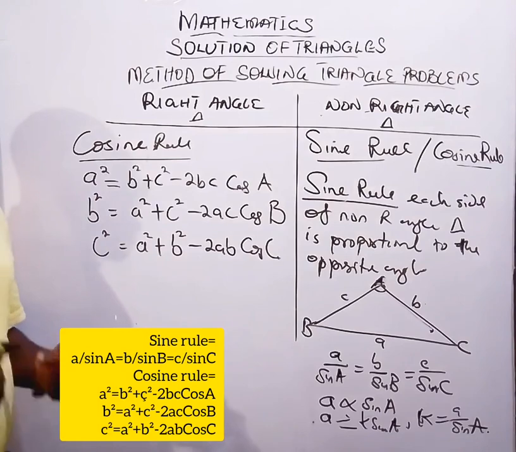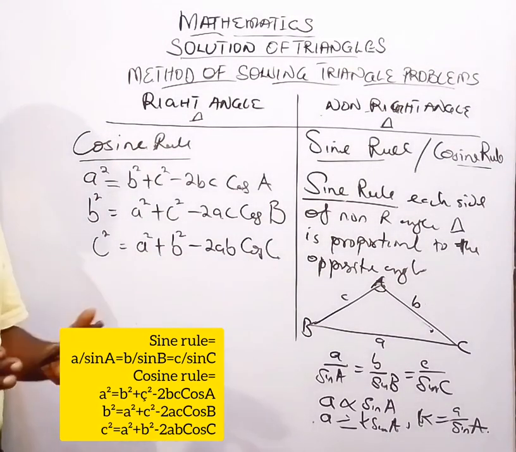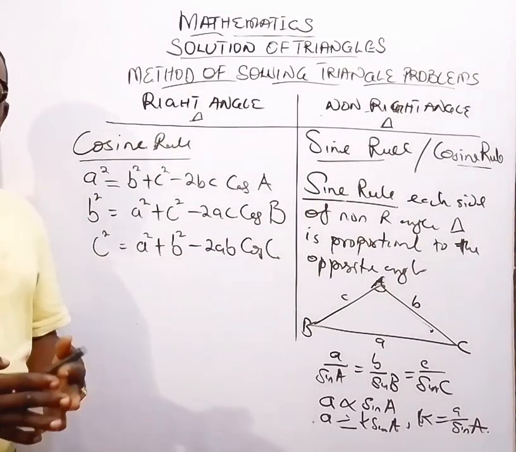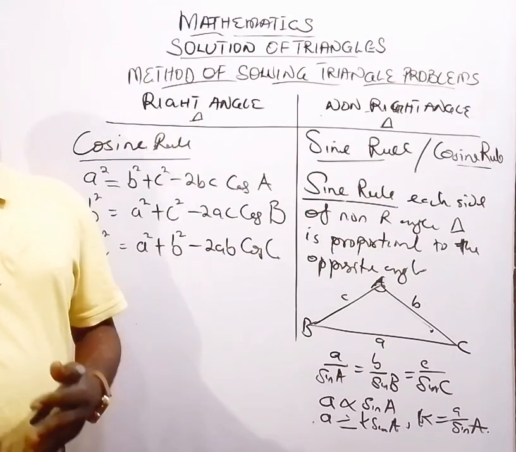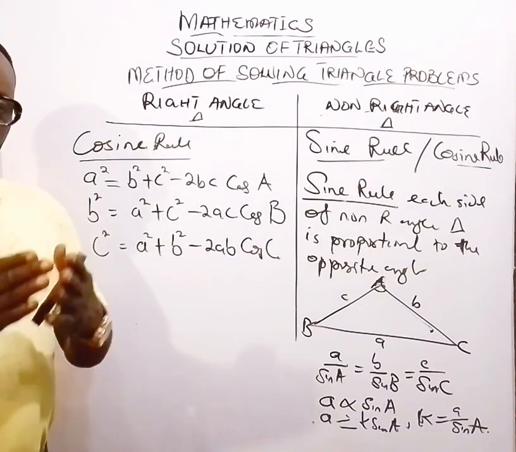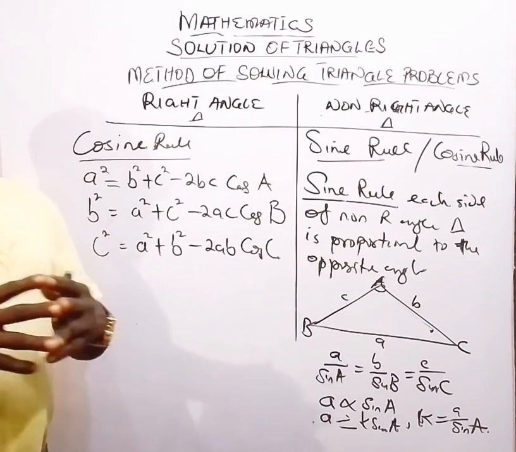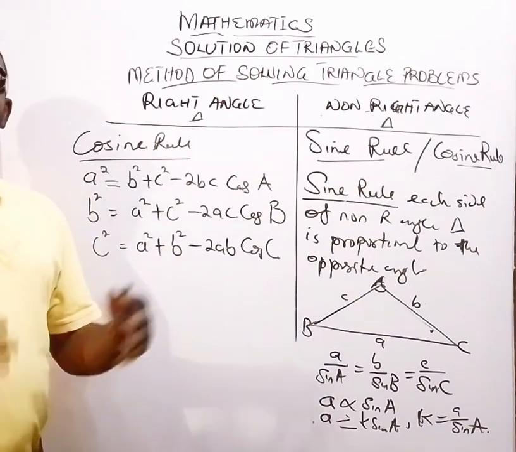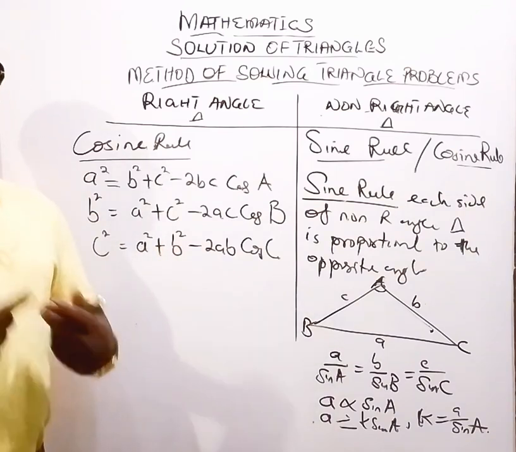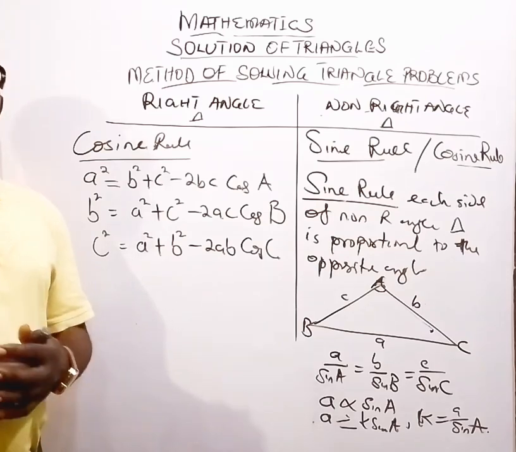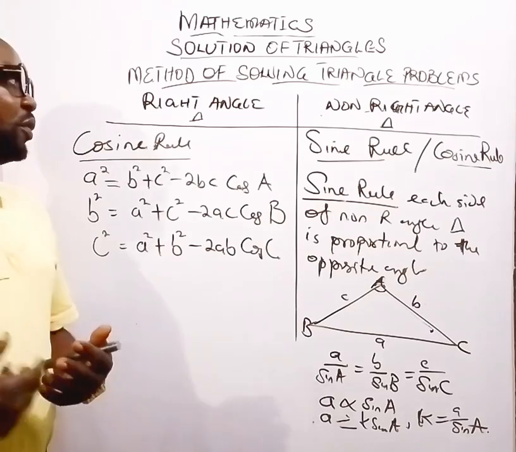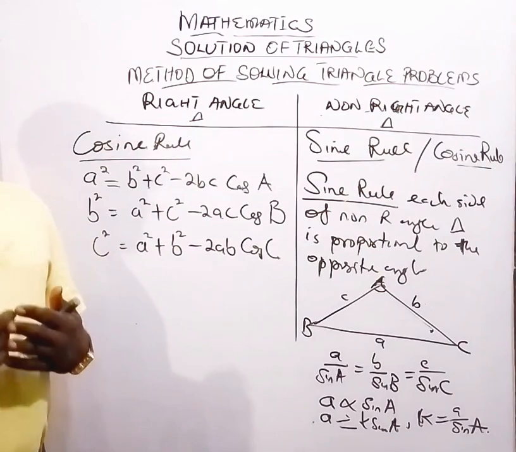What are the conditions, or when do we apply the sine rule and the cosine rule? What values, sides or angles, will be given that make us know which particular rule to apply in solving this non-right angle triangle?